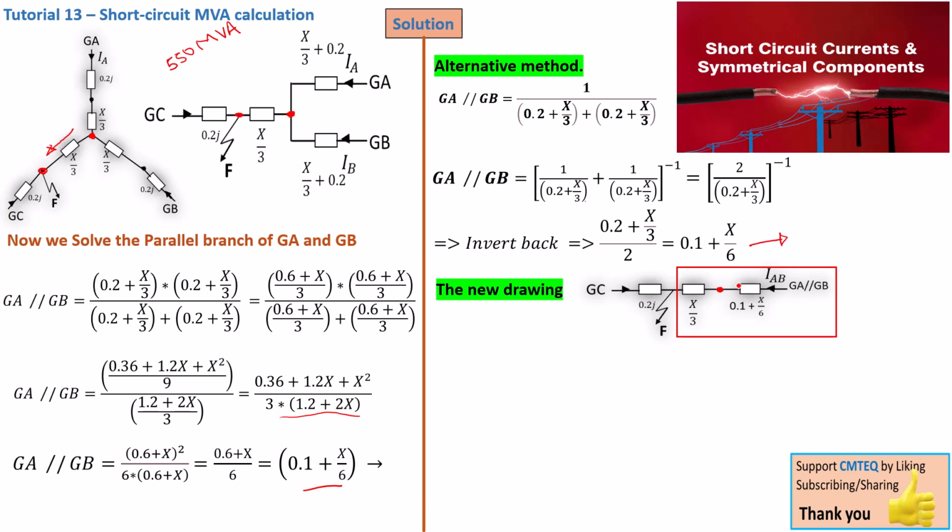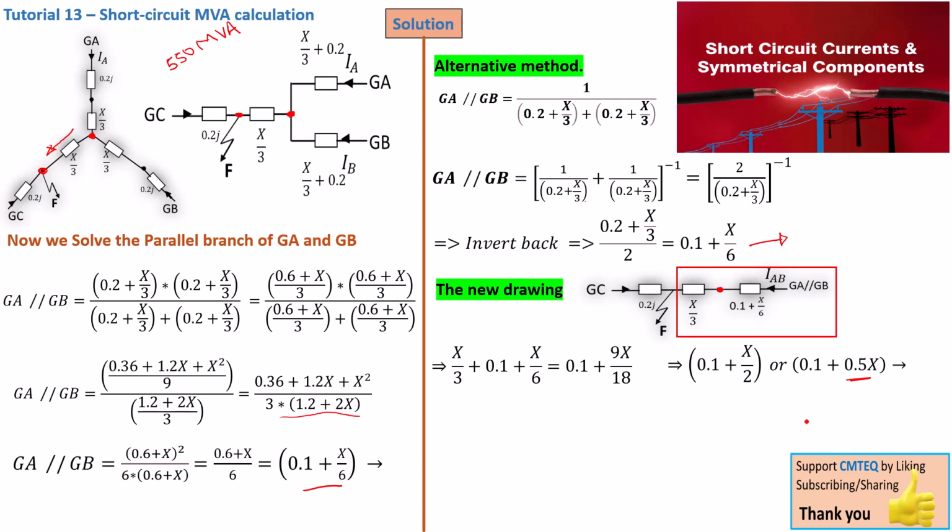So that will just give you x over 3 plus 0.1 plus x over 6, and that will give you 0.1 plus 9x over 18. You can further simplify this to 0.1 plus x over 2 or 0.1 plus 0.5x. Basically this is 1 over 2, so you can divide 1 by 2 to have 0.5.